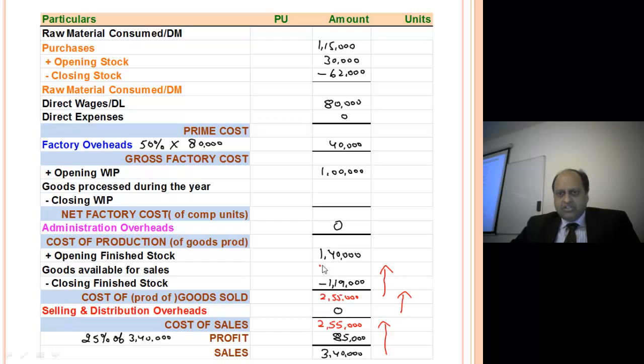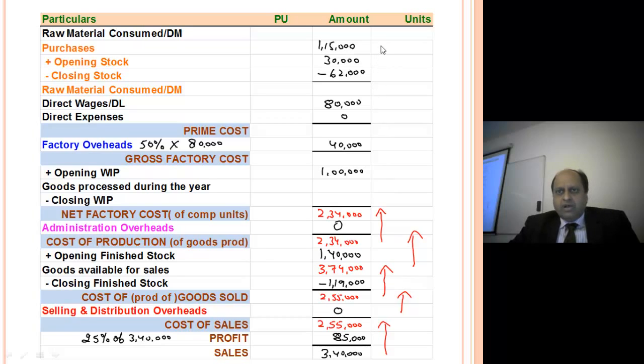It is how much? 3,74,000. Further upward, I will deduct 2,34,000. This figure I need to know. So I'm stuck over here.